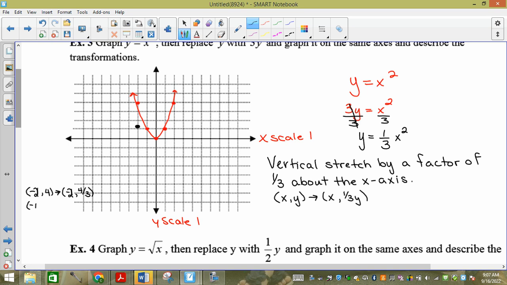Then we have -1 and 1 is going to become -1 and 1/3, because 1/3 times 1. So -1 and 1/3 here. And we have 0, 0 is going to become 0, and 0 times 1/3. Whoa, it stays the same. It's invariant. And this one's going to be 1/3. Oops. And 1 and 1/3, because it's symmetrical.